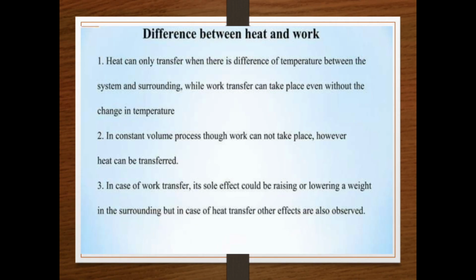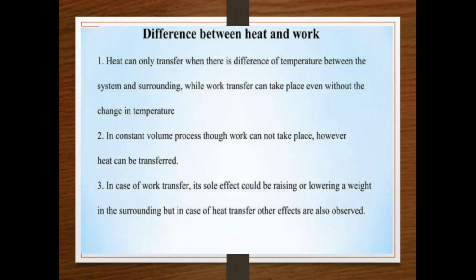Next we have discussed the difference between heat and work. Heat can only transfer when there is a difference of temperature between the system and surrounding, while work transfer can take place even without a change in temperature.